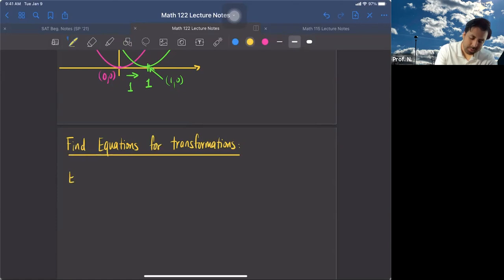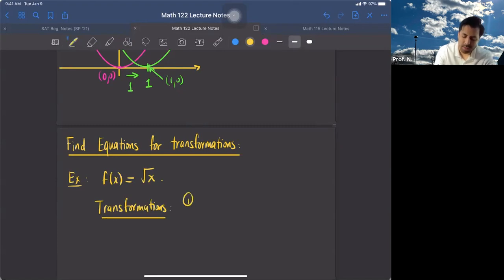So as an example, let's say I start out with my function being the square root of x. And now I'm going to tell you what the transformations will be. I'm going to give you my order.